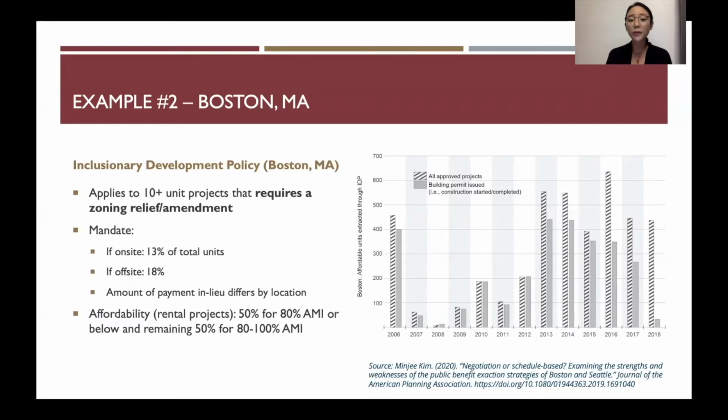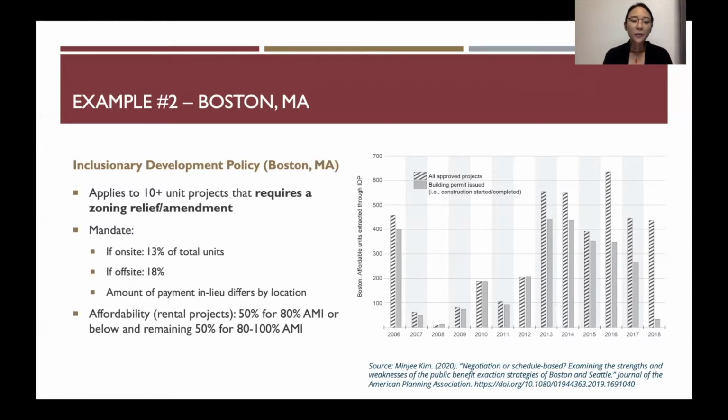But anyway, coming back to the Boston example, in practice, almost all projects over 10 units require either a zoning amendment or relief or both. So all projects over 10 units are essentially subject to the inclusionary development policy, which is the vast majority of any new development happening in Boston.